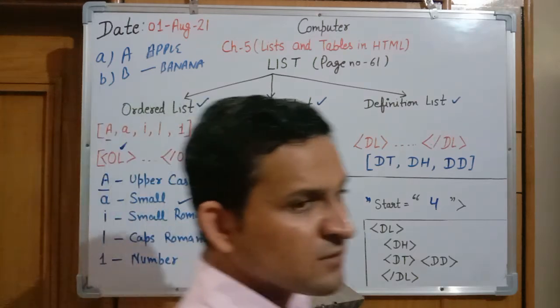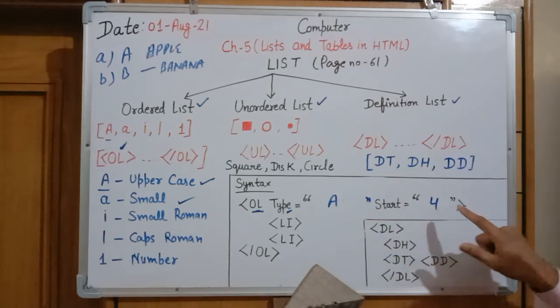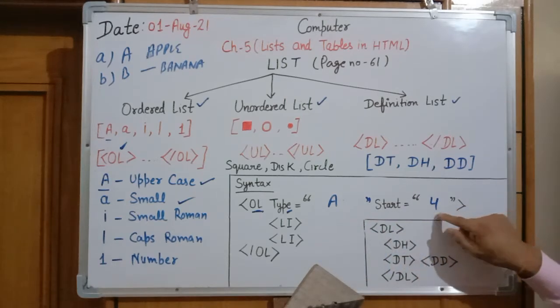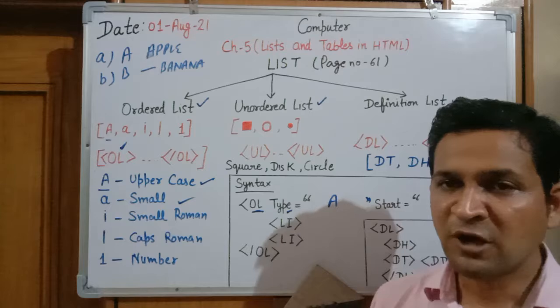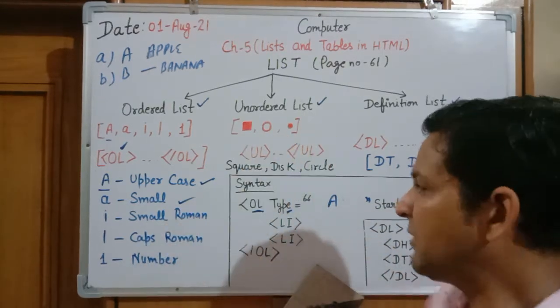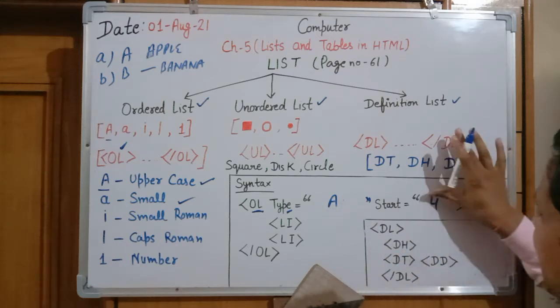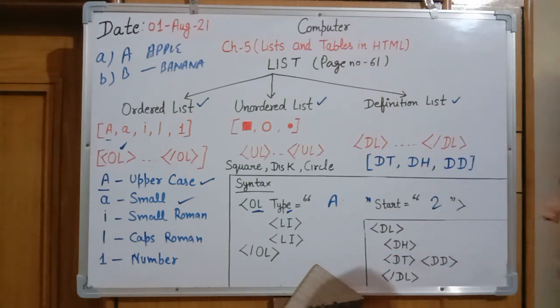So what will be the sequence number of the first item? The first item will start from 4. And 4 is of which type? Alphabetic type. So count now: A, B, C and D. It means the first item sequence will be D. If I write 2 here, then the first item will be B. If I write 5, then it will be E.